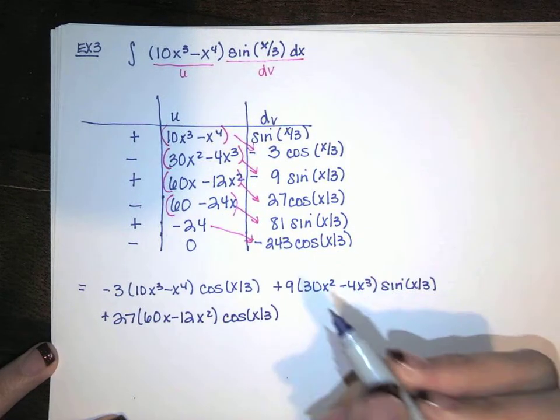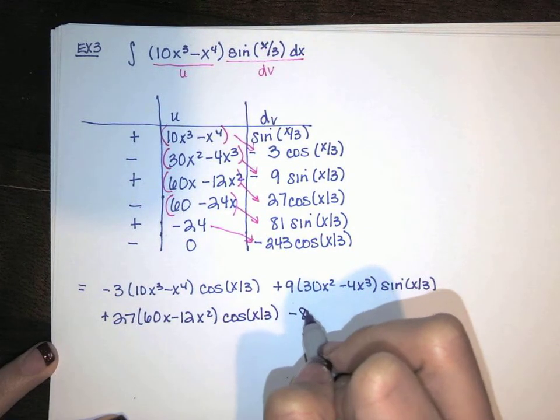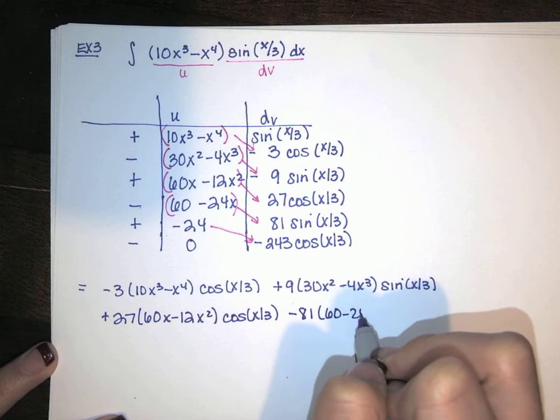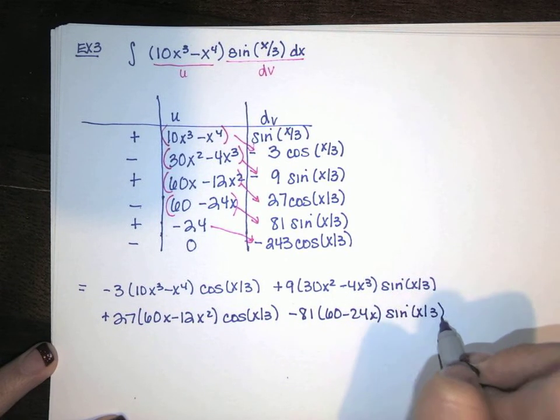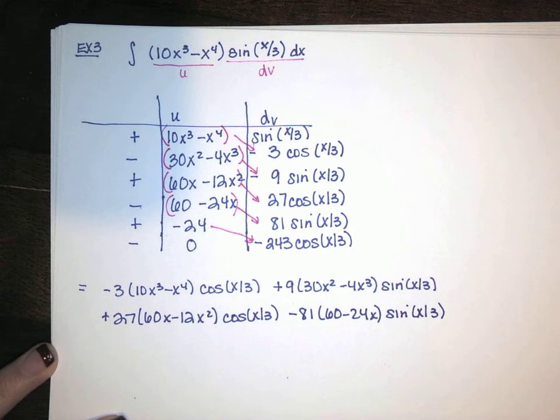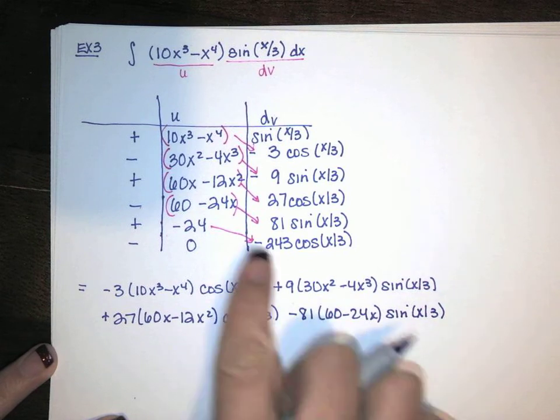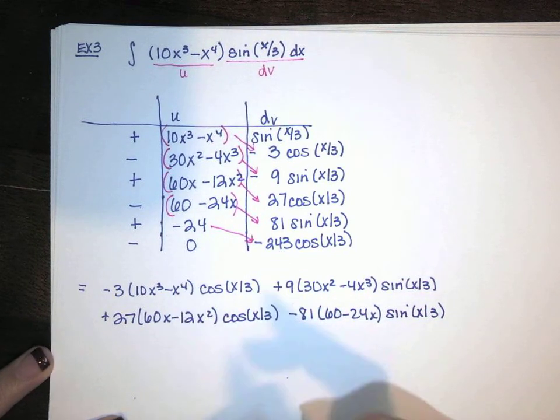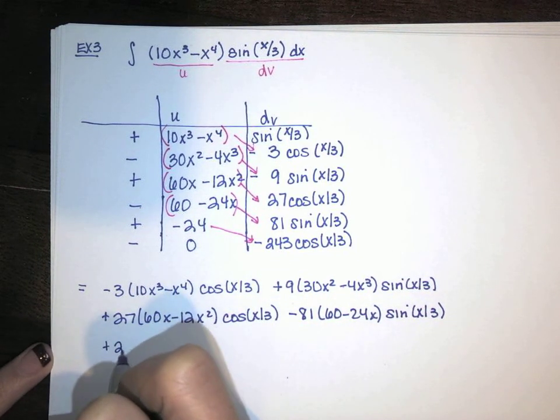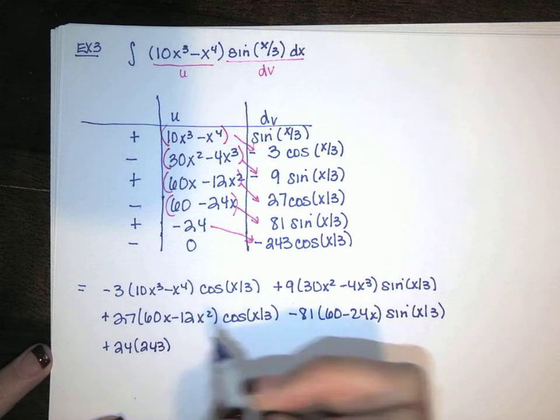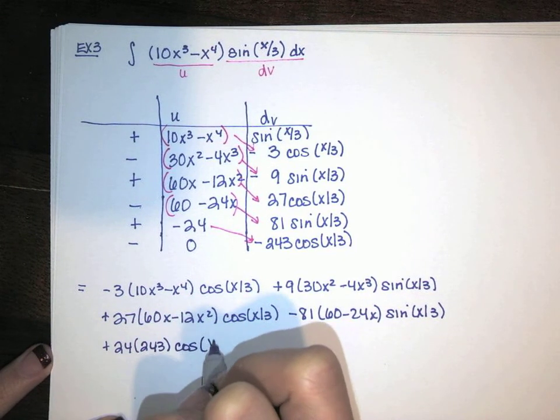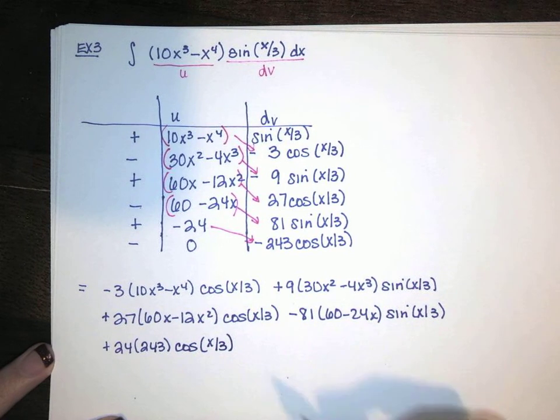Keep the sign and add, multiply. And add. Or that's multiply, change the sign and add, and then multiply. I don't know what 24 times 243 is off the top of my head. And add plus C.